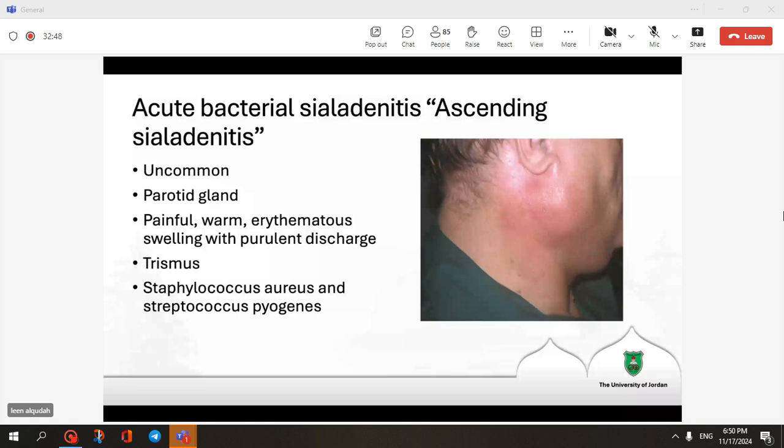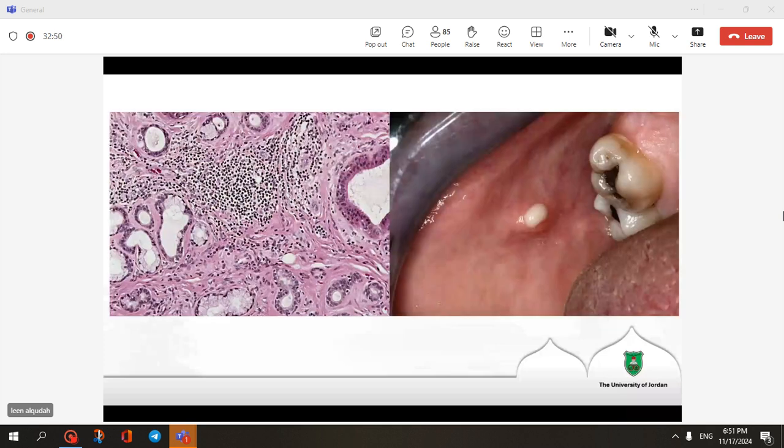This is an example of the pus that you will see intraorally. Under the microscope, it's not something special, but it depends if it's acute or chronic. This one is chronic because we can see lymphocytes and some interstitial fibrosis, and here are the salivary ducts that you can see.